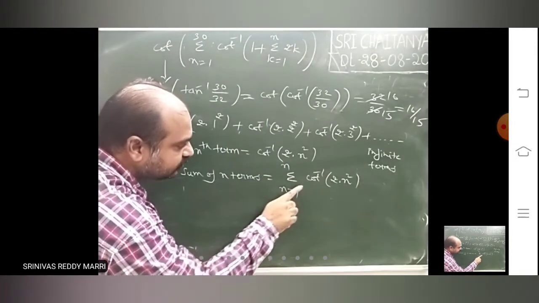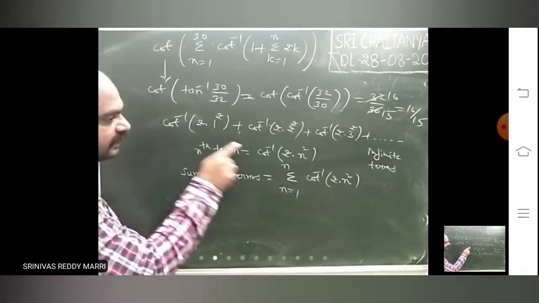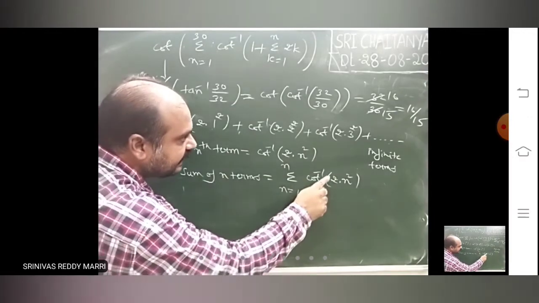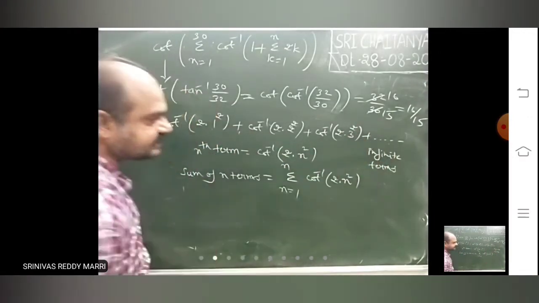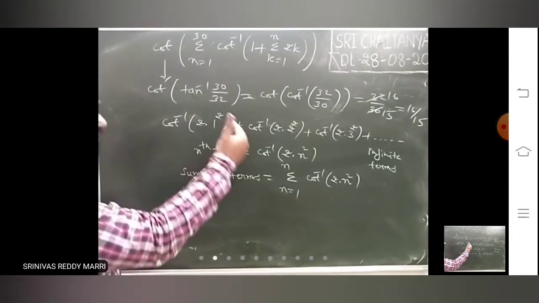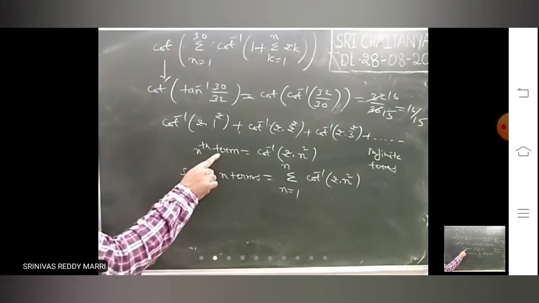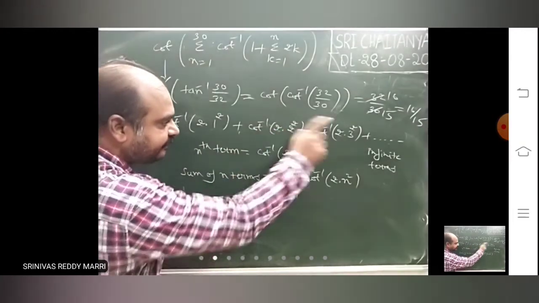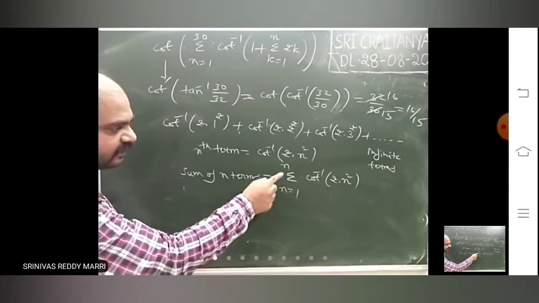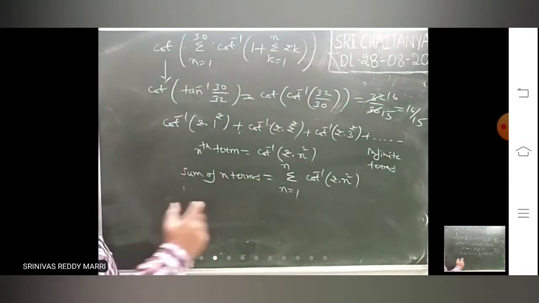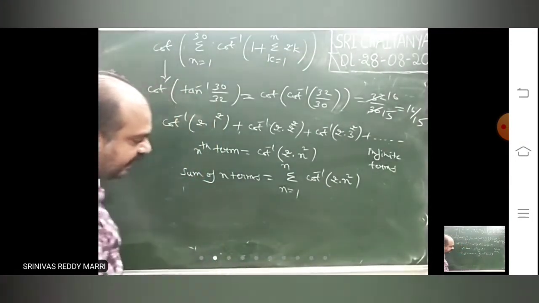Look at n equal to 1 means this, n equal to 2 means this, n equal to 3 means this. Instead of giving like this, he will give like this. That means we have to write in sigma first. Nth term, first term, second term, third term. Nth term will be this only. Then write sigma n equal to 1 to n of the nth term. Now it is in our format sigma.